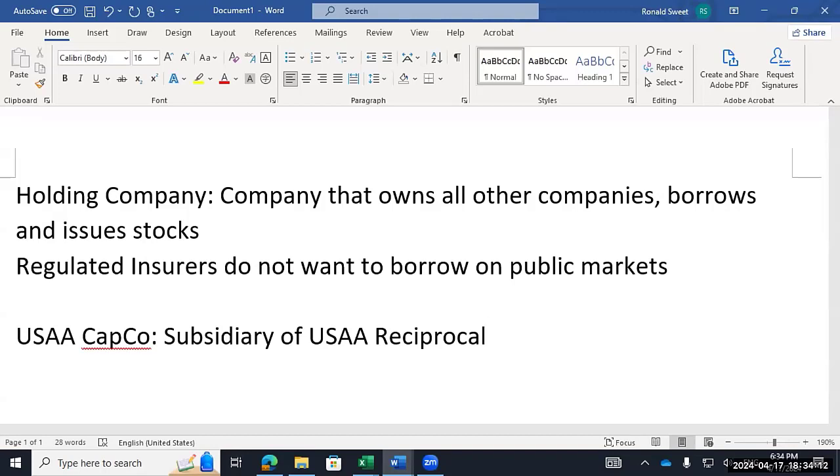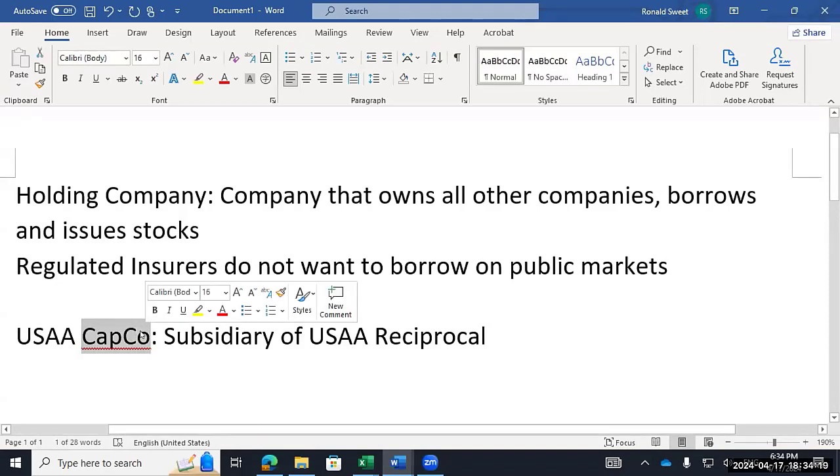USAA doesn't have any equity, but Capco does all the borrowing and repaying of debt. What Capco does is it will borrow money and then lend it to the bank, or borrow money and lend it to the insurance company. They borrow money and loan it out as intercompany transactions. So it's an interesting arrangement.